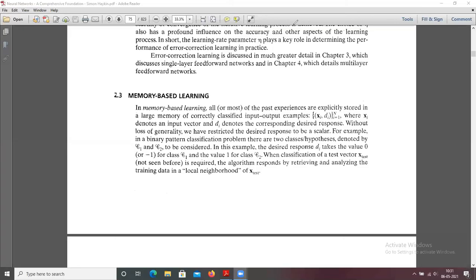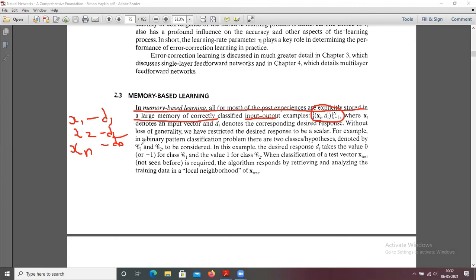In memory based learning, all the past experiences are explicitly stored in a large memory, which can be classified into input and output. That means for x1 the output is d1, for xn the output is dn. For example, x2 belongs to d2. So (xi, di), i equals 1 to n, where xi denotes the input vector and di denotes the corresponding desired response.